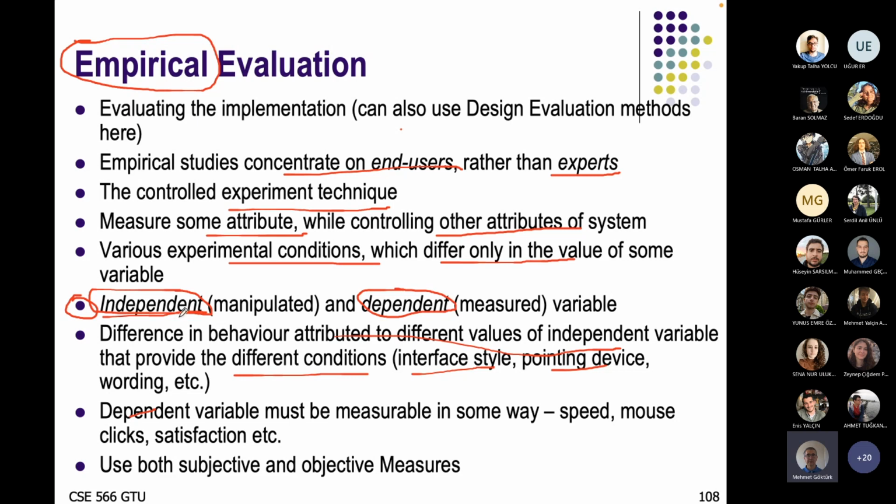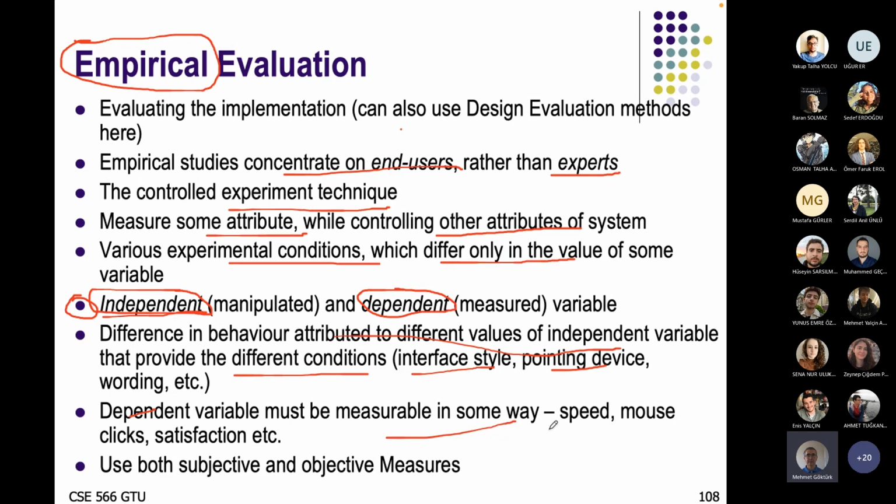Dependent variable must be measurable in some way. So good, bad, better, these kind of subjective statements are not preferred, although sometimes they are necessary too. We ask users questions at the end of the experiment, whether it is good or bad. Even then, you ask questions in a regular way.